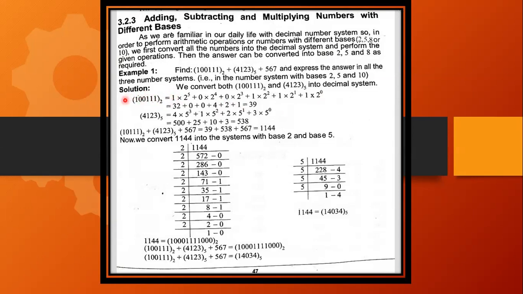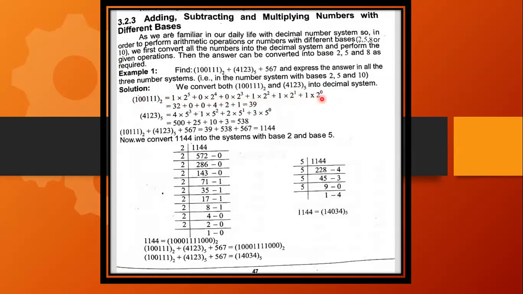Let's suppose our first term is 100111 to the base 2. I will take my first number, that is 1, multiplied by 2, plus 0 into 2, plus 0 into 2, plus 0 into 2, plus 1 into 2, plus 1 into 2.